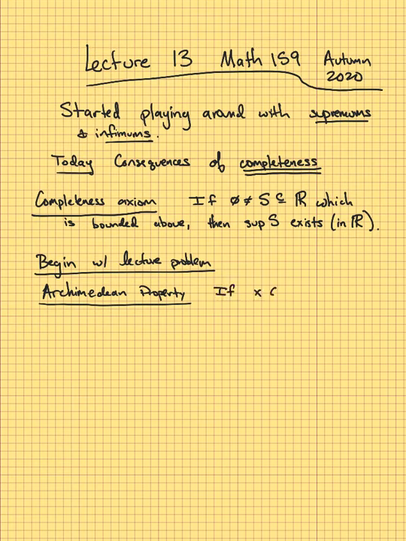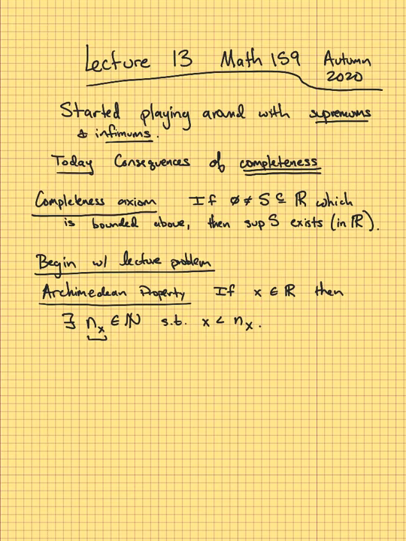It says if x is in R, then there's some natural number, I'm going to call it n sub x, a natural number which depends on the x that you're given, so that x is less than n sub x. Okay, so for any real number, there's a natural number which is larger than it.